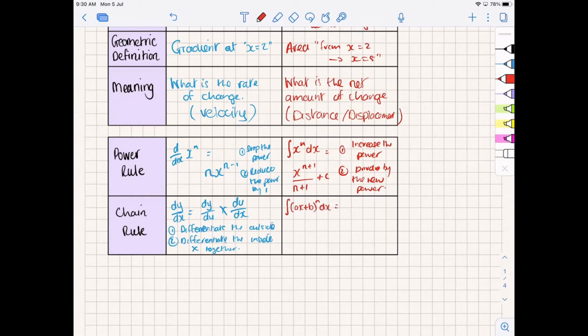Wasn't it that you can only do it if there isn't a power of x inside there? In other words, the inside function has to be a linear function. There is only an x in there, and it has only got the power of 1. It's like a straight line. As long as it's a straight line inside a bracket, then it's fine. You could use this rule. And what is the integral of this?